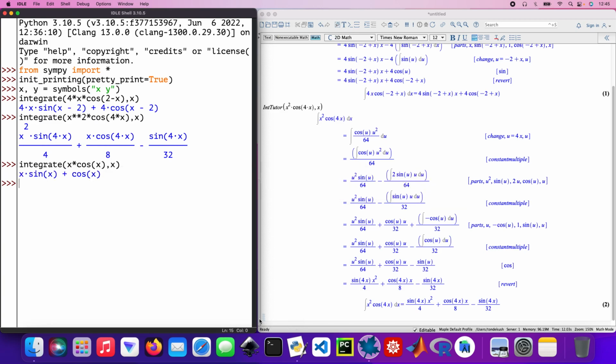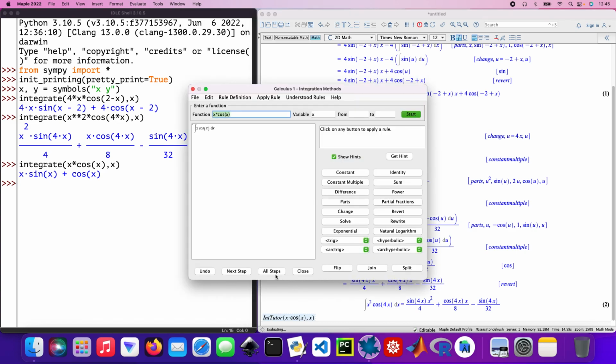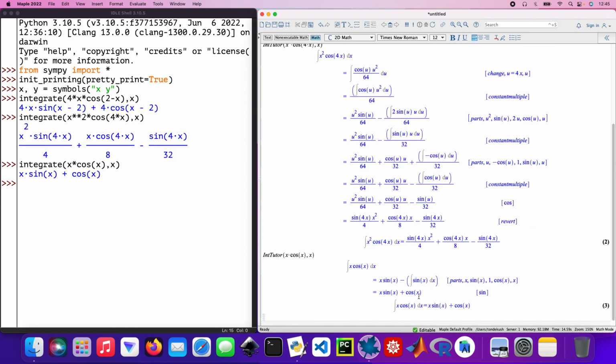And likewise in Maple, Int, then tutor, x times cos x with respect to x. So integrate that. It shows you all the steps. So close that. So x times sine x plus cos x. And then cracking on to the next integral.